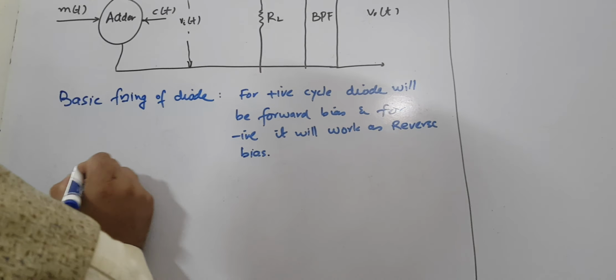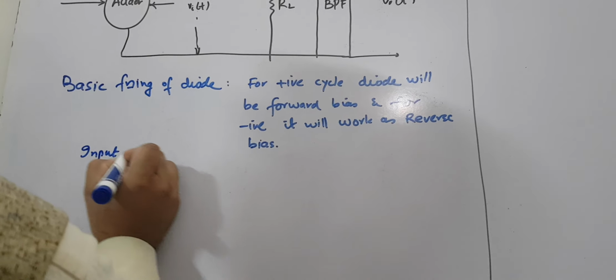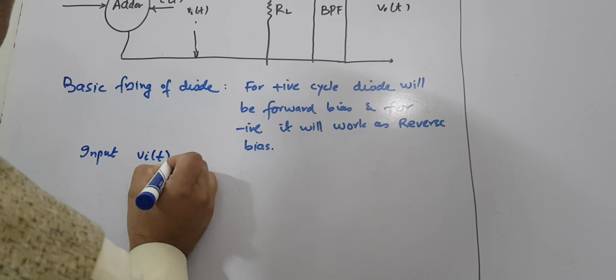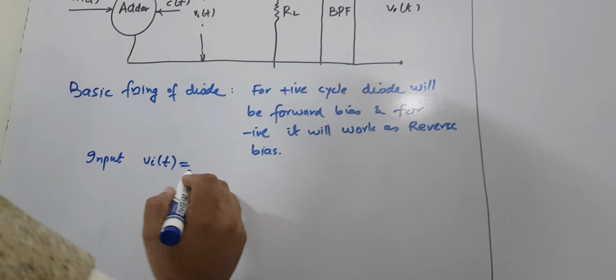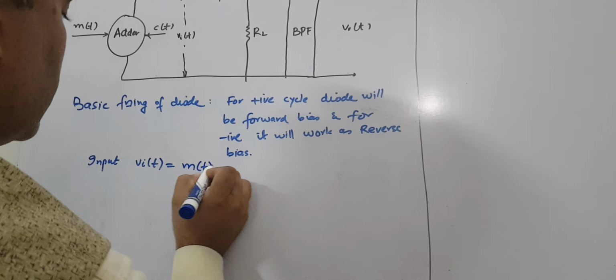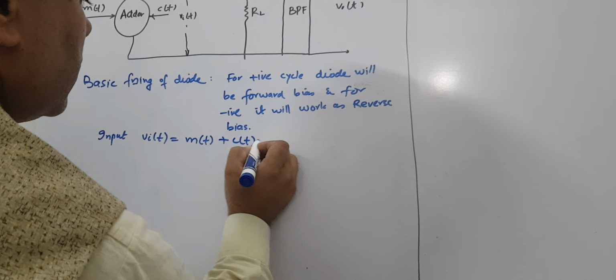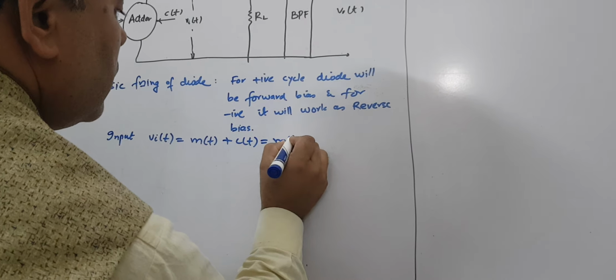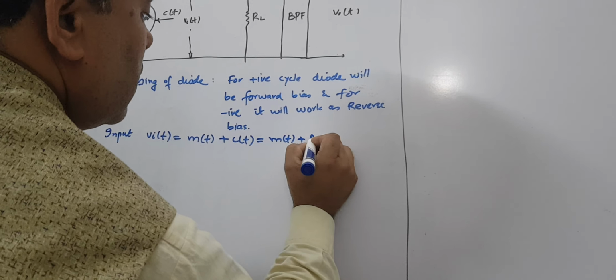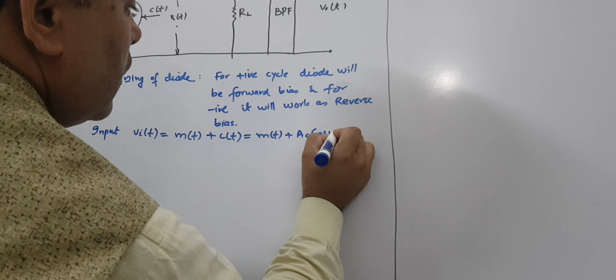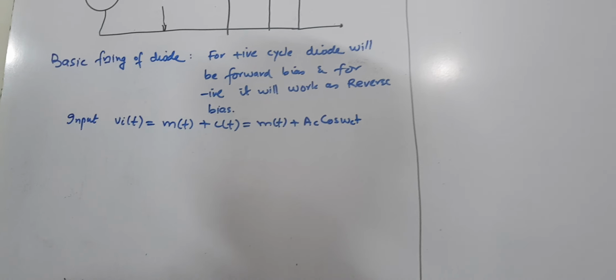So what is the input? Like v_i(t). v_i(t) is basically the addition of c(t) and m(t), which equals m(t) plus Ac cos(omega c t).